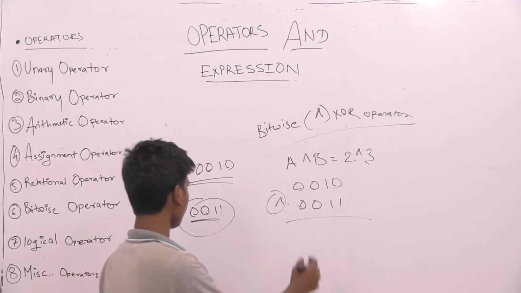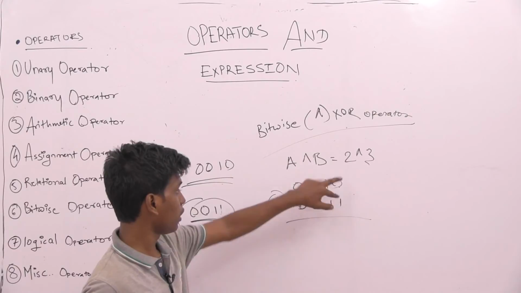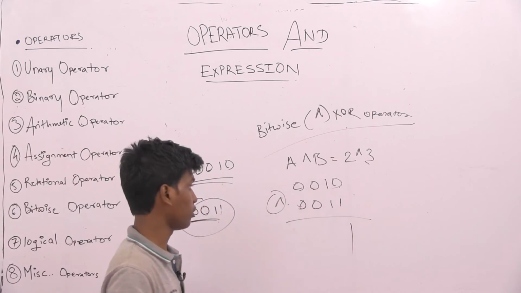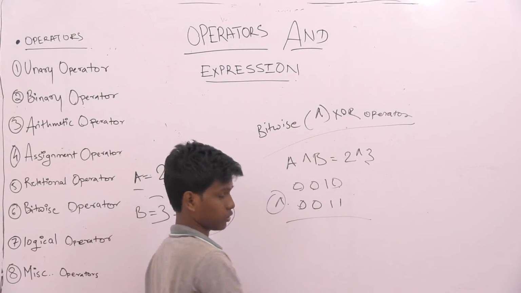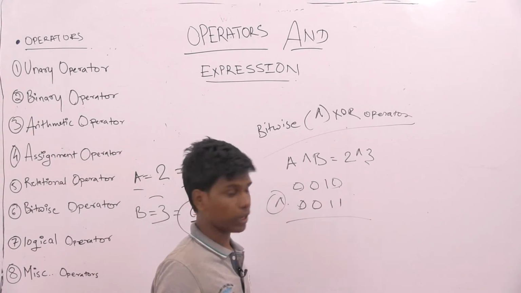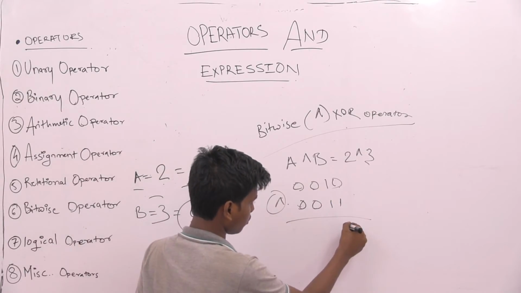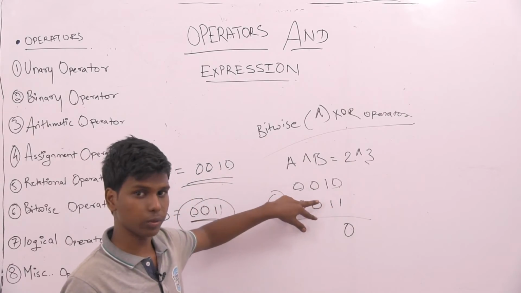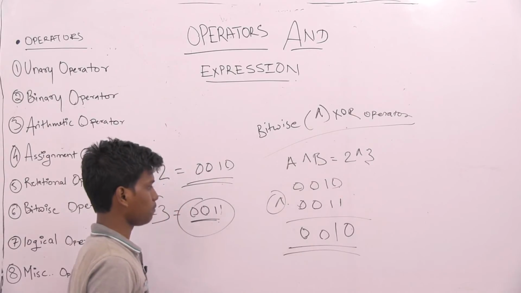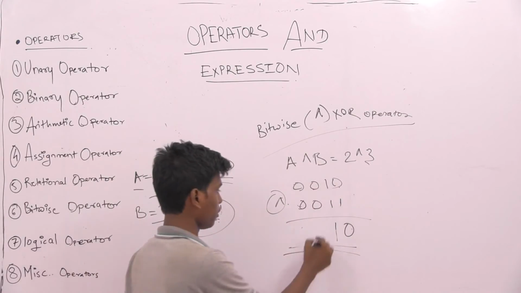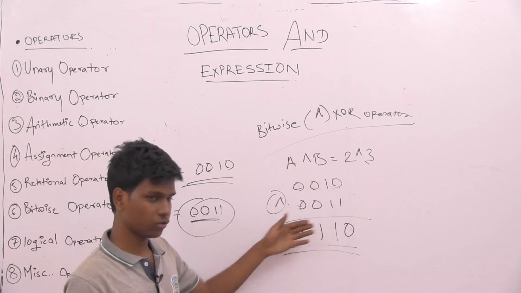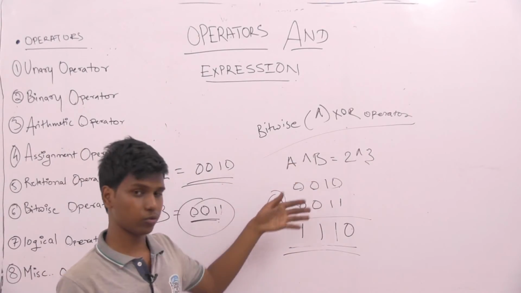0 XOR 1. As we have seen in the table before, 0 and 1 are different bitwise values, so the value is 0, and 1 and 1 are the same bitwise value, so the value is 1.